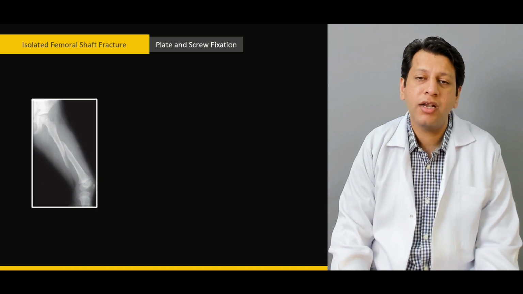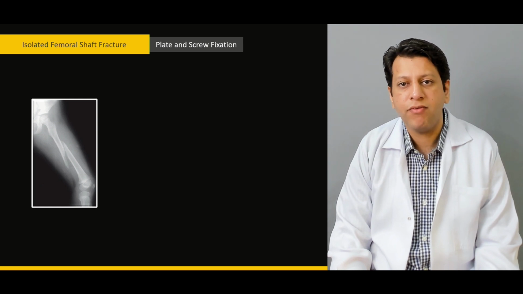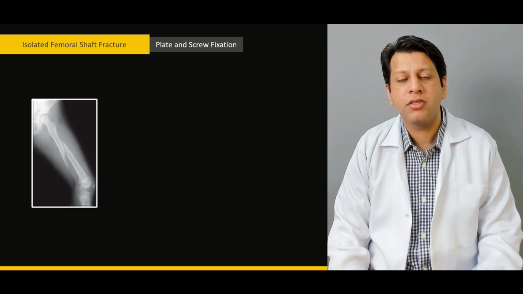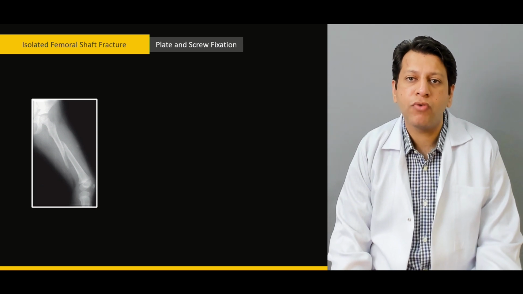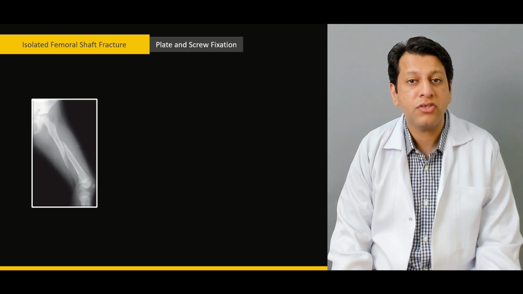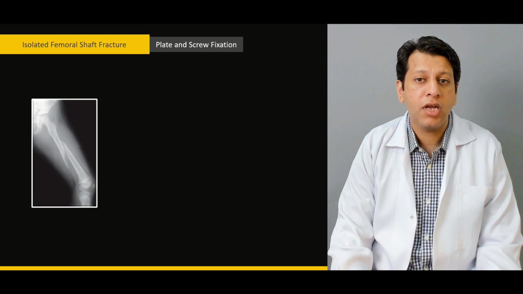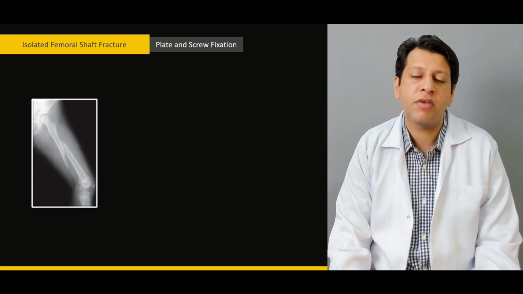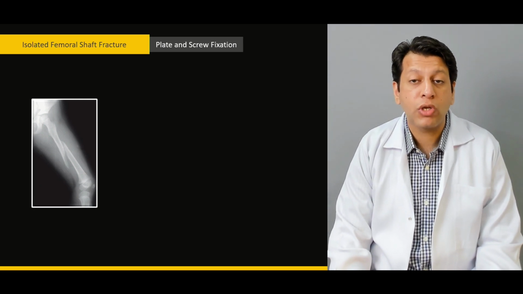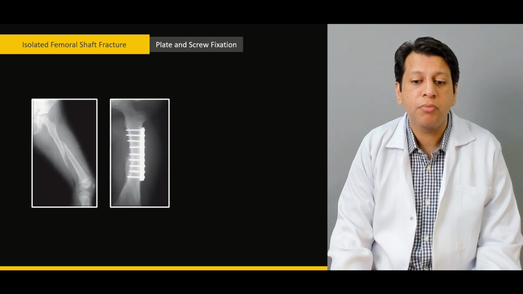Now if this child is 5 to 9 years of age, then the best option would be to go for flexible intramedullary nailing. But if the child is less than 5, we can go for hip spica as well. But for example, if this child is around 7 or 8 years of age and is quite obese, and more than 49 kgs, then probably the best option is some form of submuscular plating.